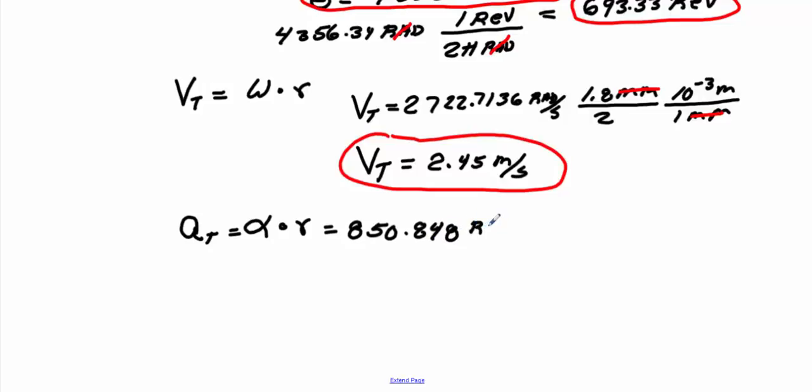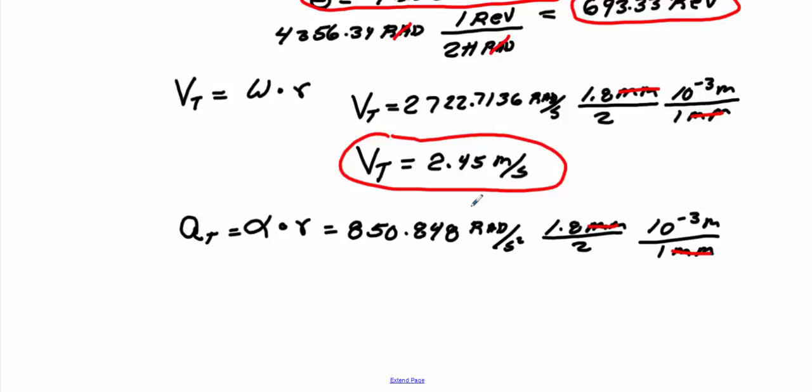radians per second squared. And we will multiply that by 1.8 millimeters. We'll again divide that by 2, be real careful with that, times 10 to the minus 3 meters over 1 millimeter. Again, our millimeters will cancel out here and here.